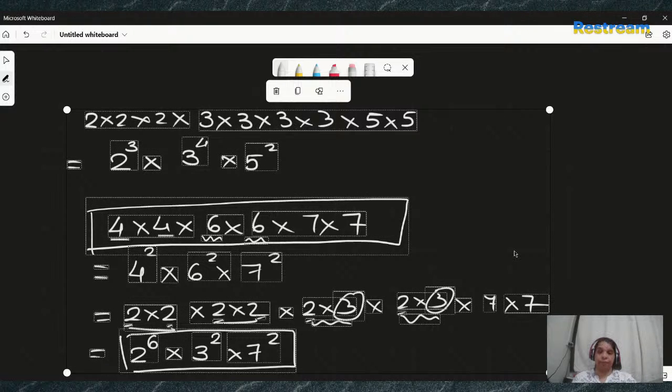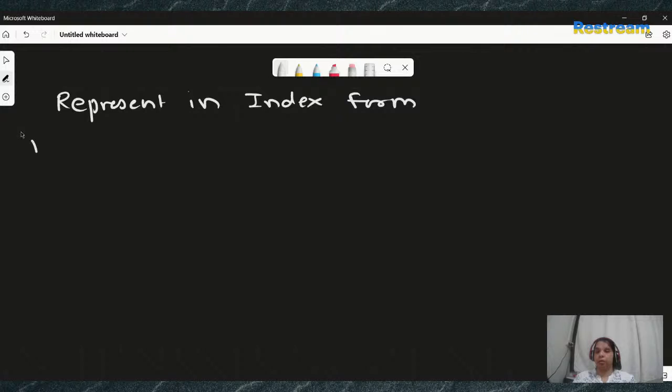So what we are going to do is practice these numbers. We are going to see how to write numbers in index form. I am going to give you a few questions. I will write the question: represent in index form. Okay, first one.